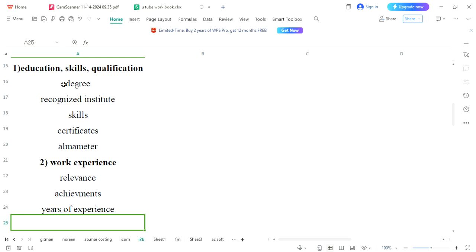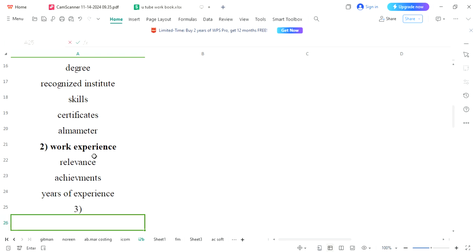First we see education, then experience, and the third one, we will see how competent he is for your work. This is our third criteria. Competent means if he has good communication skills.